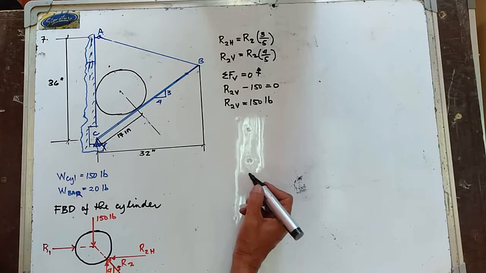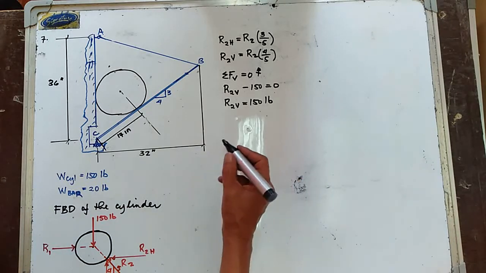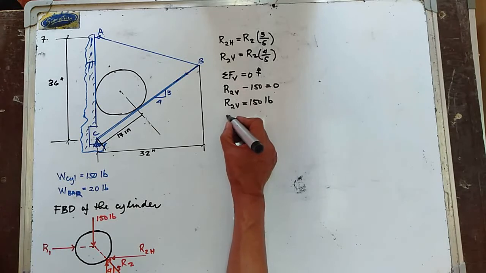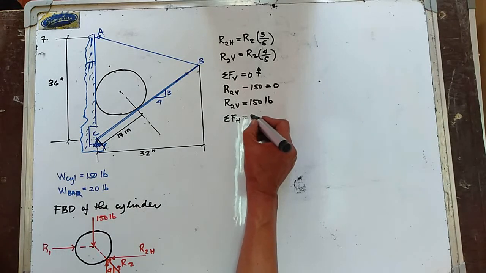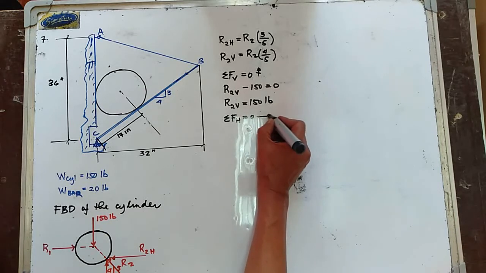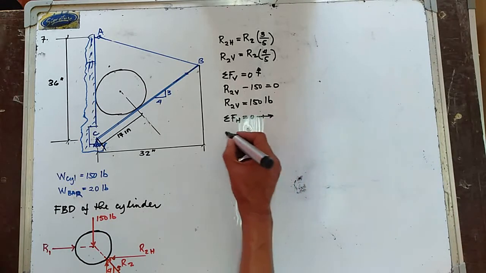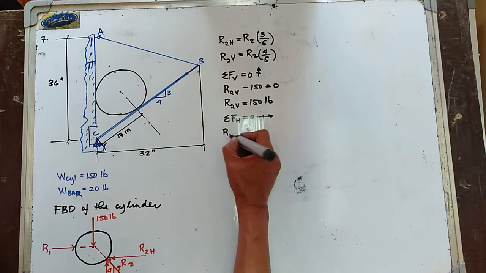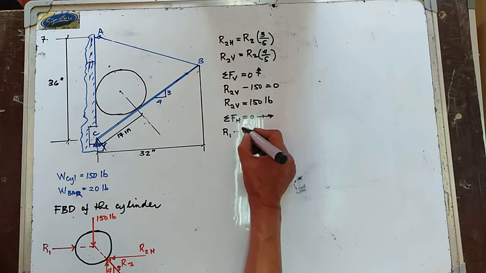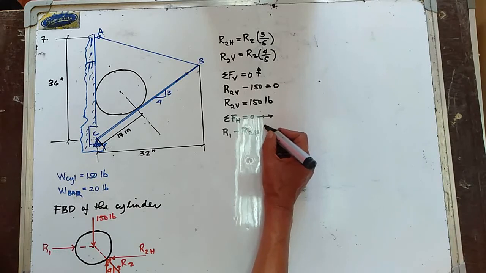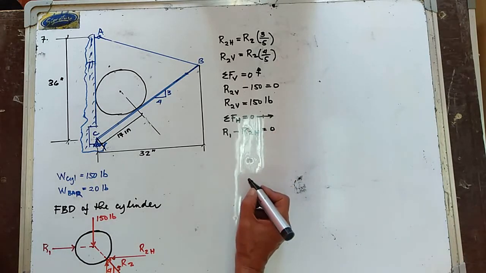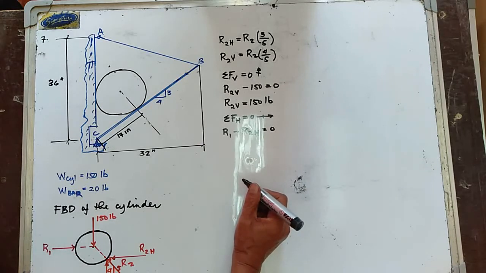Next, summation of forces horizontal is equal to 0, to the right forces positive. So we have R1 minus R2 horizontal is equal to 0.